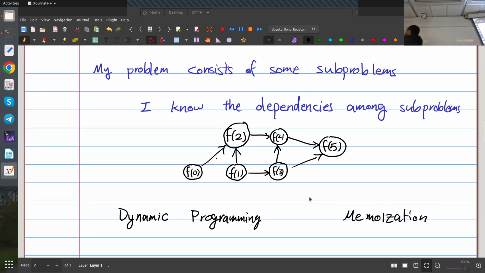Now, a really important point here is that this only works if the dependencies between your subproblems do not have any cycles, right? Because if I have a cycle, then of course I cannot compute any of it.